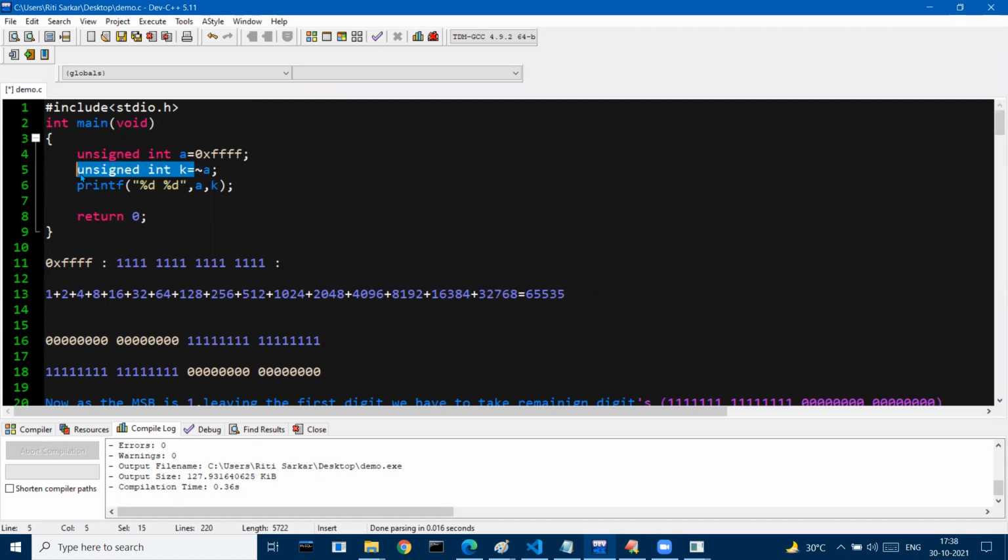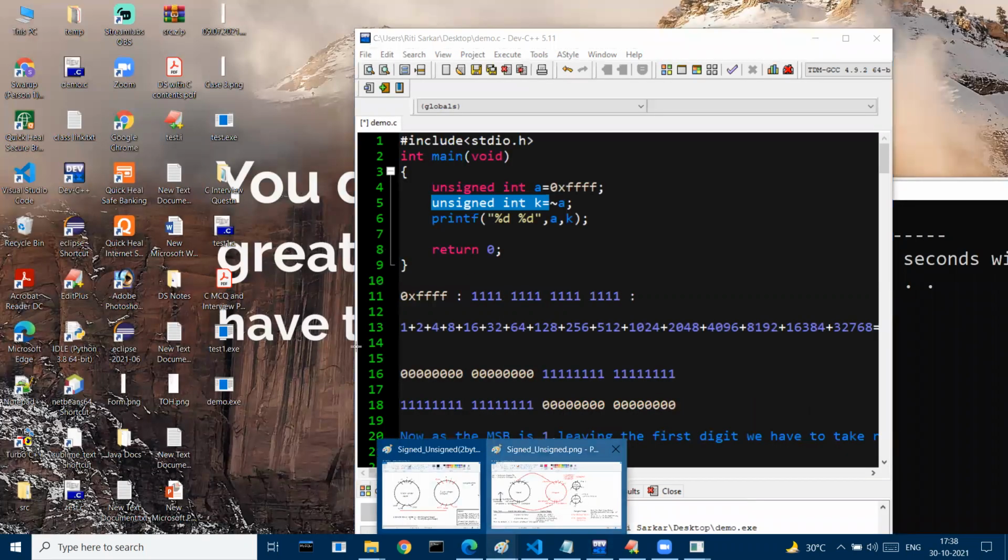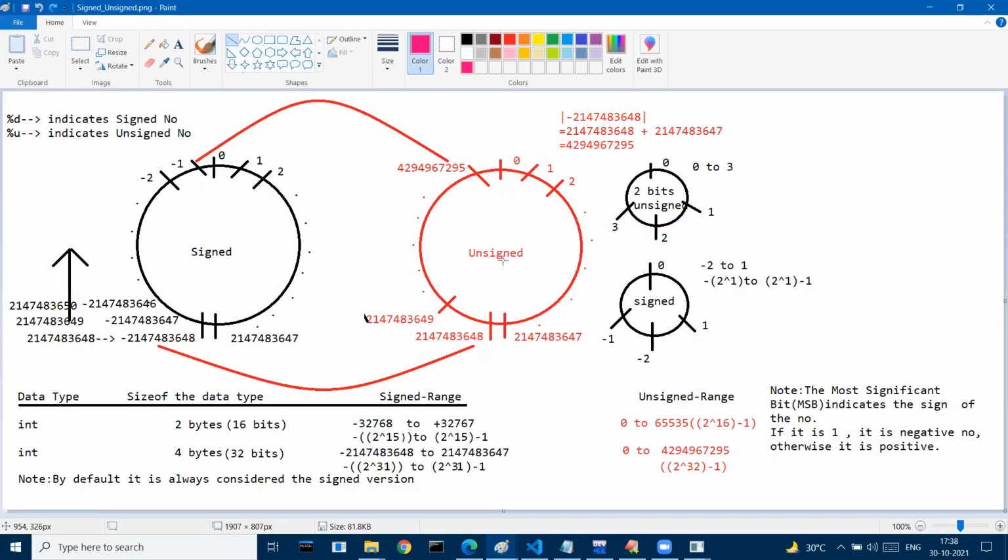But K is an unsigned integer, sir. In an unsigned integer, forcefully you are assigning minus 65,536, where everything should be positive.